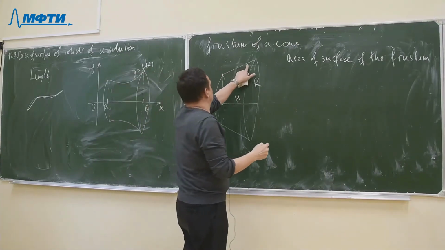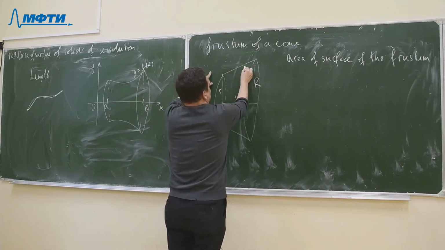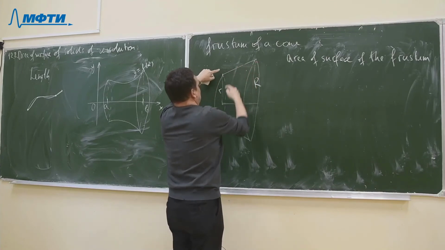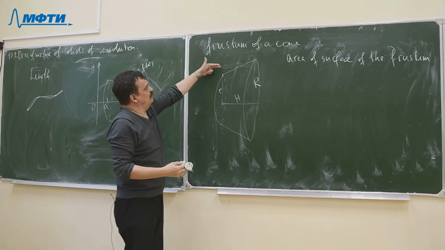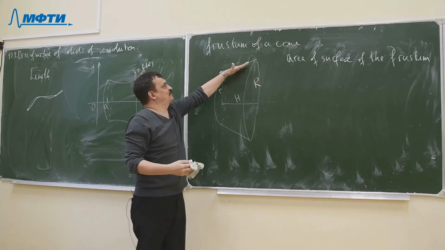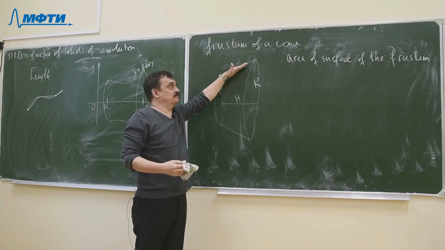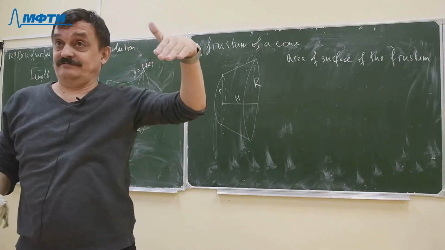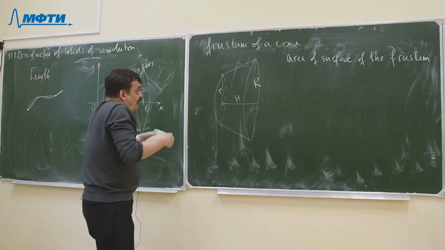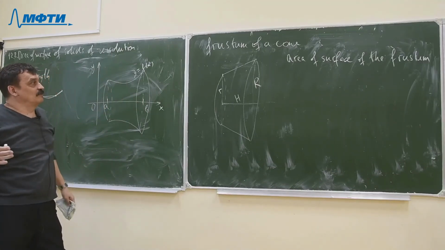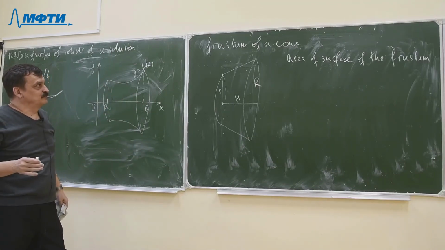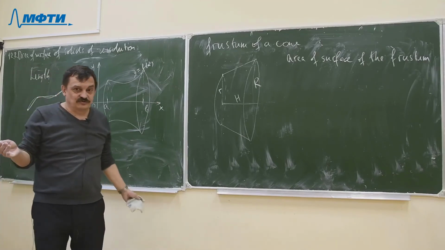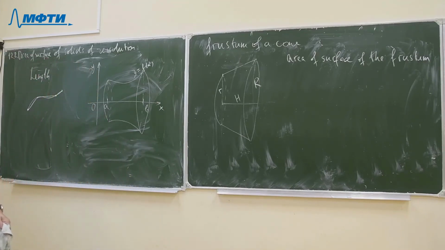No, not in the middle. Let me. Yeah, that is in the middle, I guess. So, if you rotate the middle line instead of this slant line, then you obtain the same area of surface. I refer to elementary geometry. At the moment, no other tools, because we have no definition of the area of a surface.